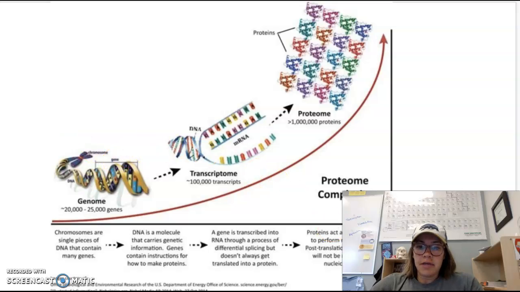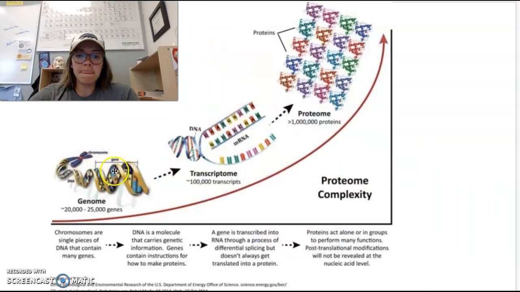So just to kind of reinforce here, remember we go from our chromosome all the way over here, and it's DNA that's tightly bound up, and that DNA consists of segments of genes. And then we have our transcriptome, which is the segment of gene that is going to be transcribed into mRNA, and then that mRNA is going to go out and make our proteins.